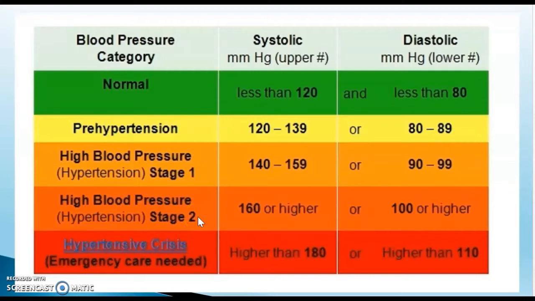The normal blood pressure has a systolic value which is less than 120, while the diastolic value is less than 80. Values above that will be considered as pre-hypertension or high blood pressure of different stages.